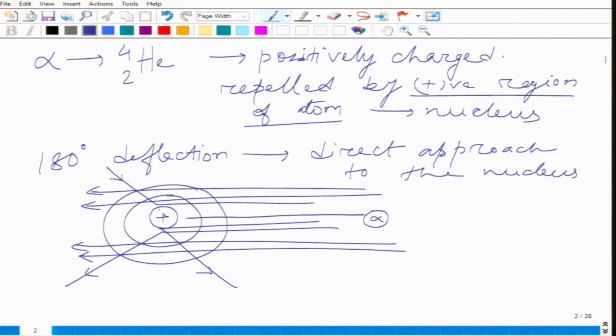And suppose one approaches the nucleus directly, then it will get deflected by 180 degrees. So, the shorter the distance between the alpha particle and the nucleus, the more the deflection, because the positive charge generates a repulsive force of much greater magnitude.